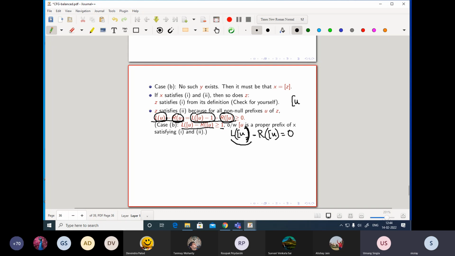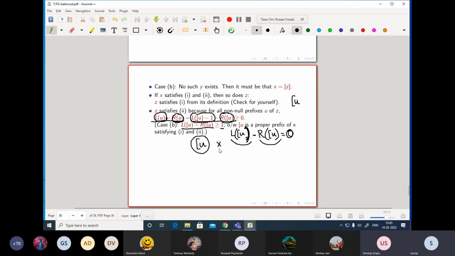See, if L of bracket u minus R of bracket u is equal to 0, consider this proper prefix bracket u of x. Over here, the number of left brackets in bracket u is equal to the number of right brackets in bracket u. Plus, consider any prefix of bracket u. These are prefixes of x.